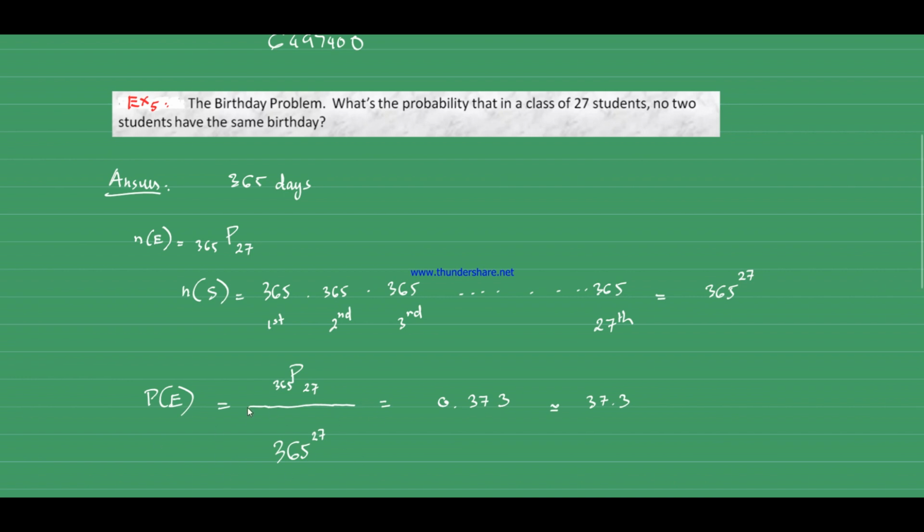So I think this is good, because I'm just afraid over here we do 365 factorial for the sample space, but it's not. Okay, so this is the sample space right here.